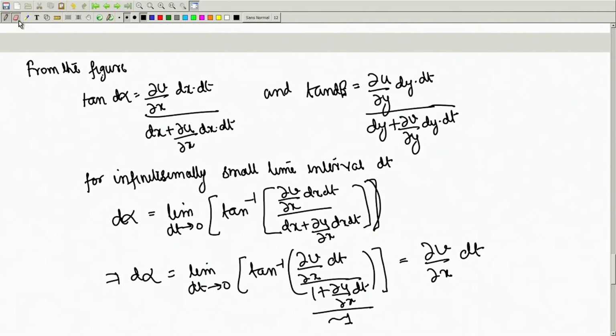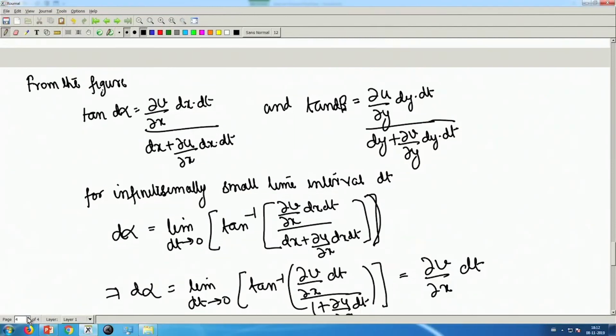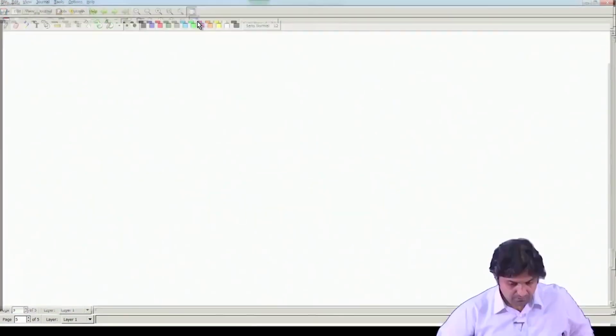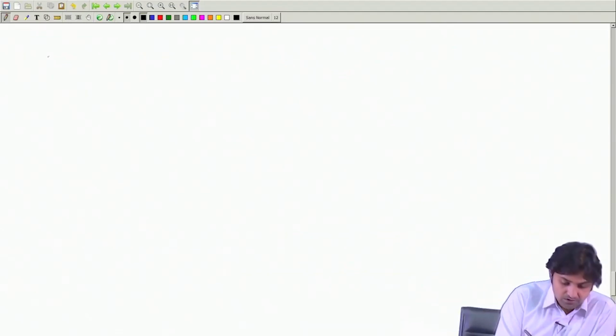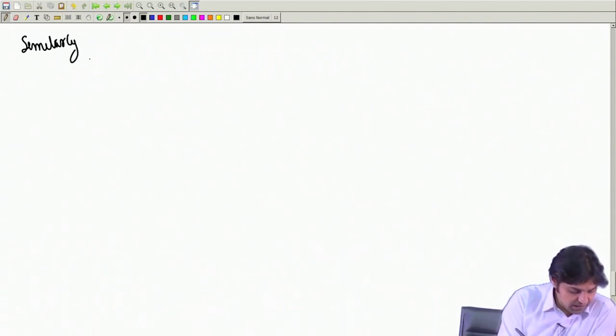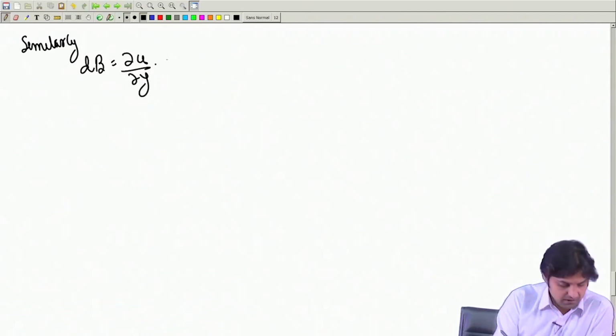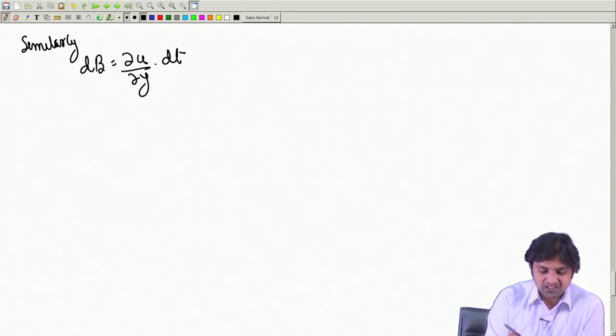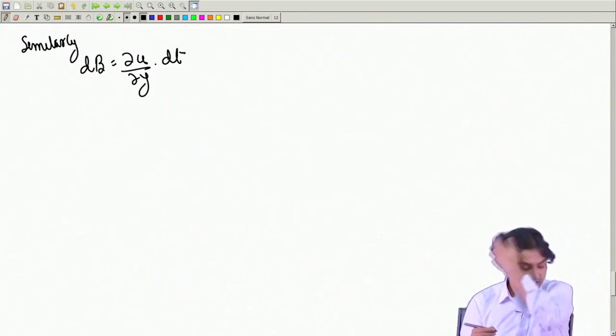All right. So similarly, the way we obtained d alpha, d beta is also going to be del u by del y into dt. This is another important result, for d beta.